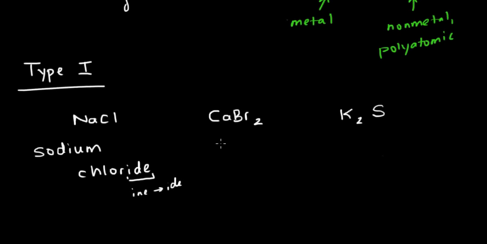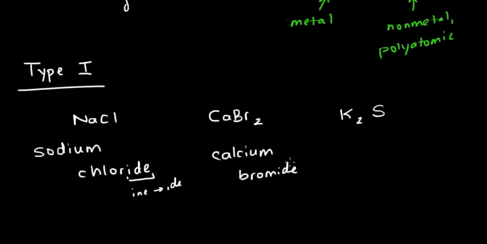And similarly, you'll see here, this is calcium bromide. I've taken the cation and left it as it is in its elemental name. But for the anion, I've changed the ending. I've changed the ending of the anion from -ine to -ide.